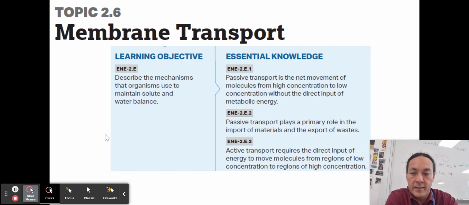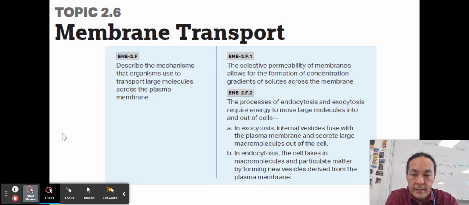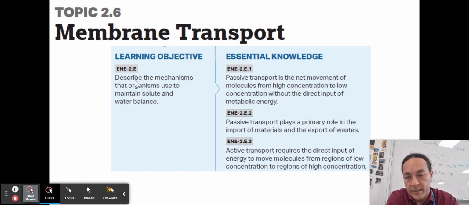So this is going to be talking about passive and active transport, how items get into the cell either via diffusion or if they need to use energy to go against their concentration gradient. And then also large molecules, endocytosis and exocytosis. Notice how the objective here is that these are mechanisms that they use to maintain solute and water balance in their cells, right?